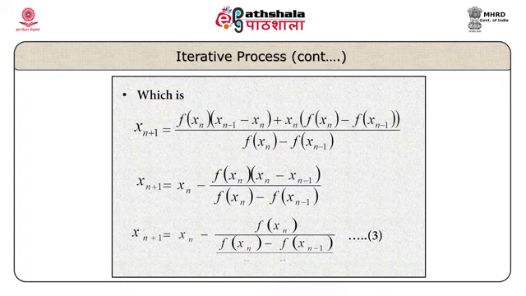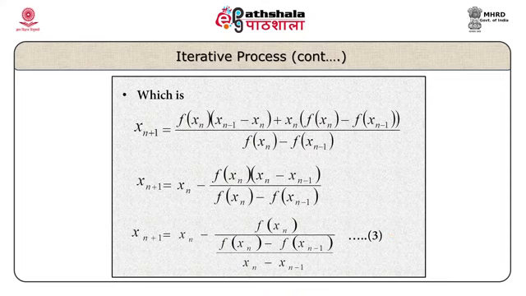So, first term is f(xn) into [x(n-1) minus xn] upon [f(xn) minus f(x(n-1))], and in the second term, f(xn) minus f(x(n-1)) cancels, we are left with only xn. So, we get xn minus f(xn), and x(n-1) minus xn we can take in the denominator. So, it becomes xn minus f(xn) whole upon, in the denominator we get [f(xn) minus f(x(n-1))] upon [xn minus x(n-1)].